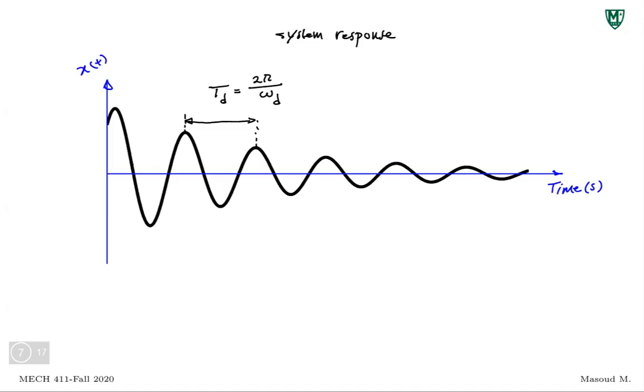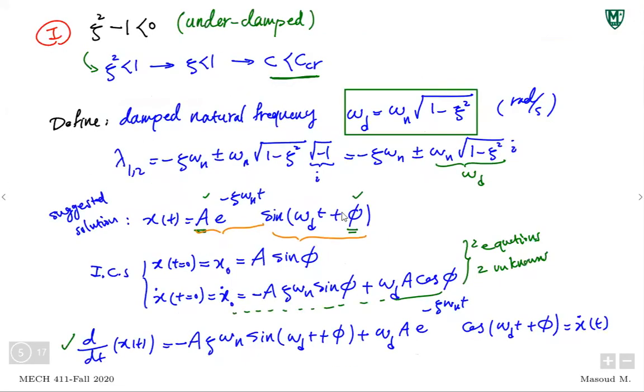Now, to answer that question, look at where omega d is. Omega d is in the denominator of this fraction, right? And keep in mind what omega d was. I defined it as omega n square root of 1 minus zeta squared, and zeta is smaller than 1.